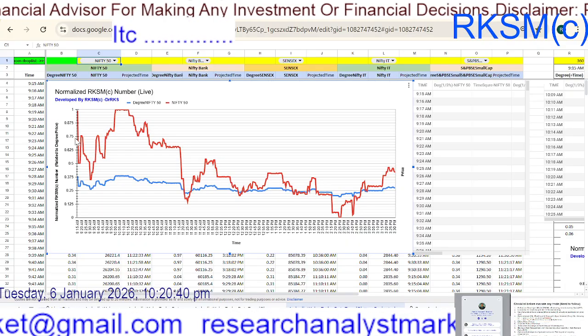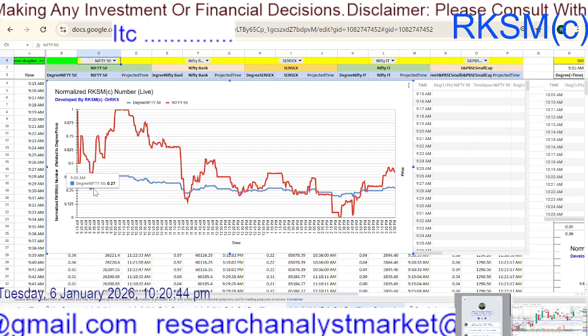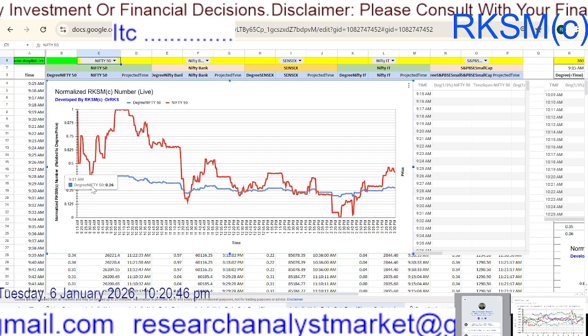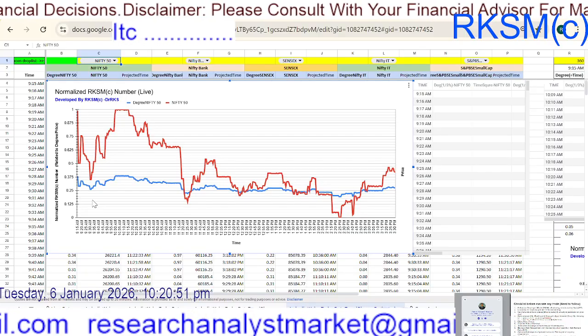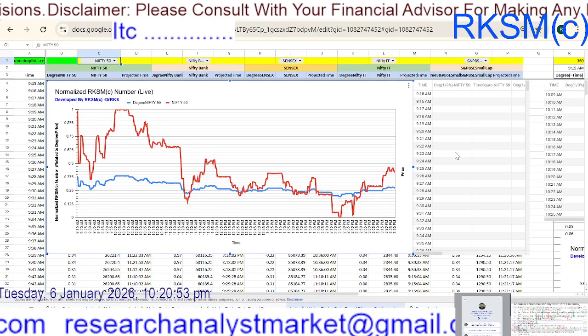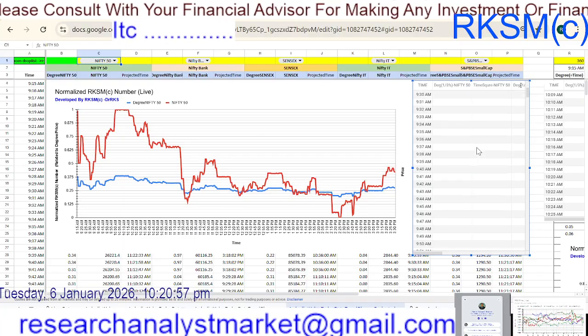Suppose the market opens here, and after that the market starts going up from this point. Is there any reversal here?